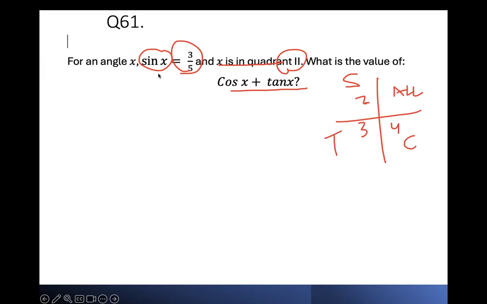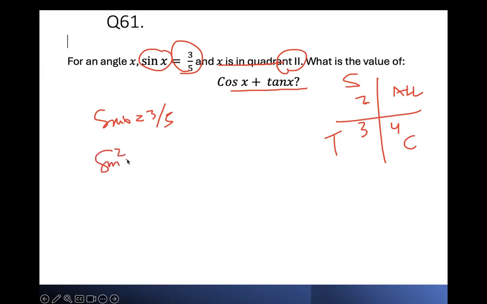Therefore, I know that if sine of a certain number is 3 over 5, what should be the cosine? That's the thing. The cosine, you're going to use this formula. Remember, you don't know the adjacent of that number yet. So this formula, know it.